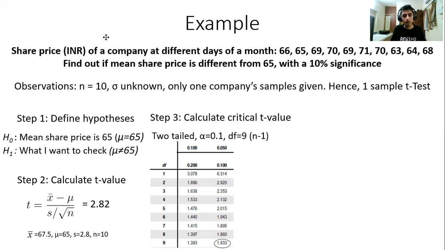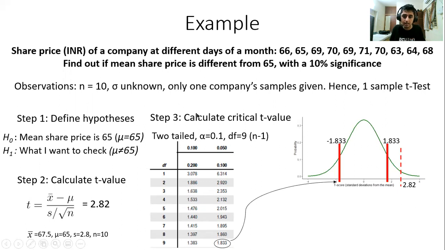So using the same table that I have shown, which would probably be given to us in the exam, we're not supposed to memorize that, you find the critical t value, that is 1.833. Now you take that critical t value and plot it on a t graph, which looks very similar to the z graph.